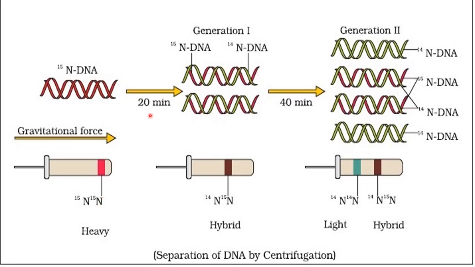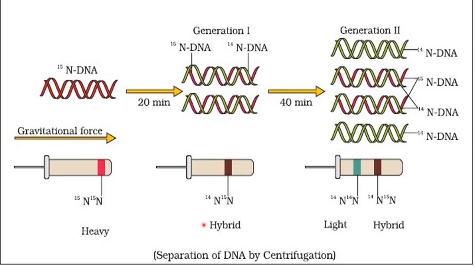Then after 20 minutes, when these E. coli were transferred to the N14-containing medium, you know E. coli duplication time is 20 minutes. After 20 minutes, density centrifugation was done again, and they found a band of intermediate density, which means the DNA was hybrid DNA.